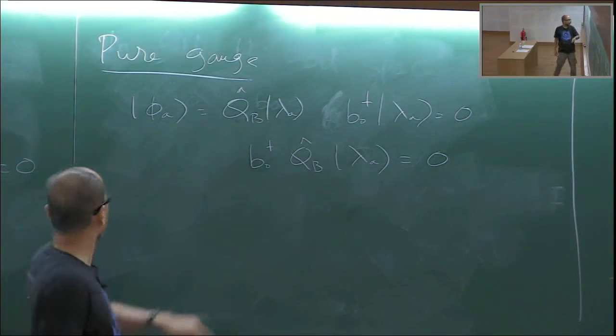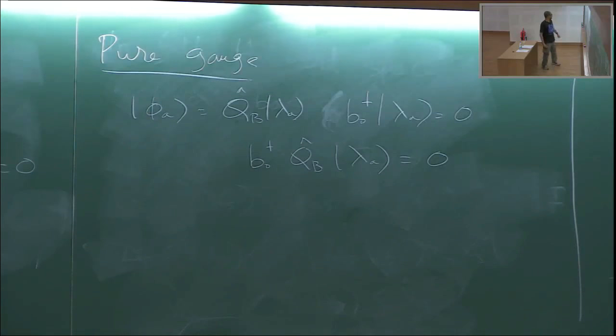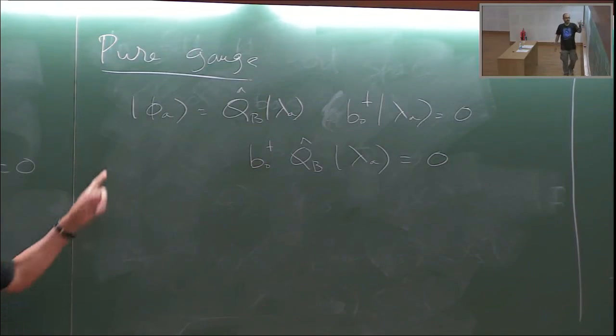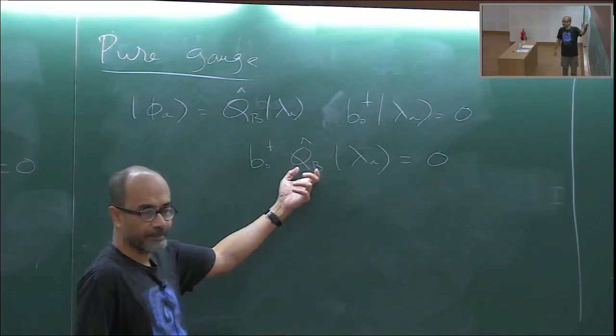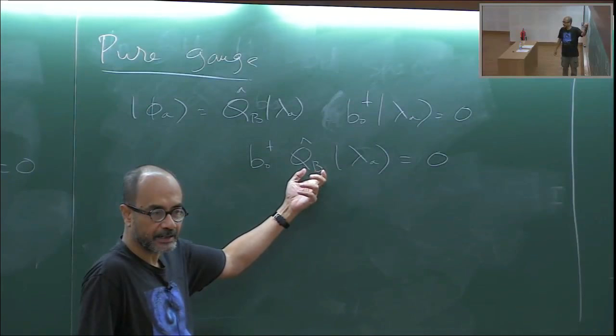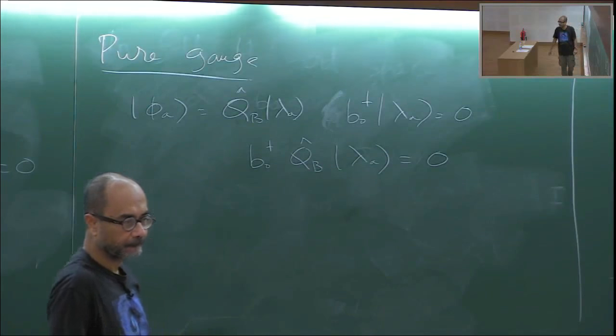So condition A is automatically satisfied for states of that kind. And condition B is satisfied because B naught plus phi a is 0, because I have demanded this. This condition ensures that B naught plus phi a equal to 0.